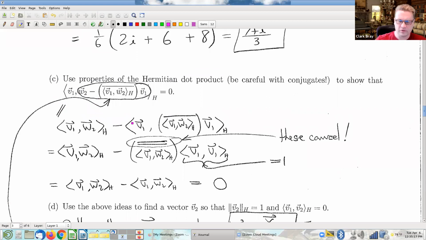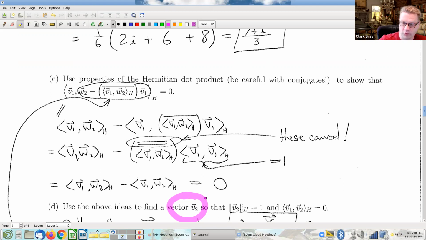So I ask for some vector V2. Now, if you've noticed the Gram-Schmidt analogy, then you'll realize, oh, yeah, we fix the direction, et cetera, and then we normalize, and this is our second fixed vector a la Gram-Schmidt.